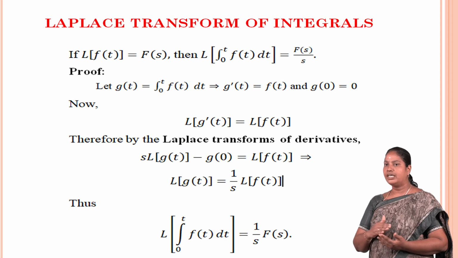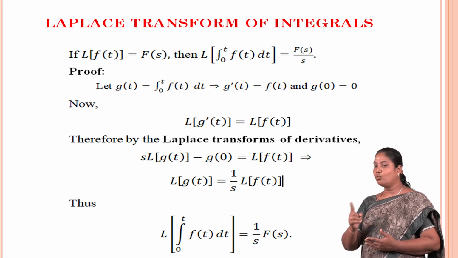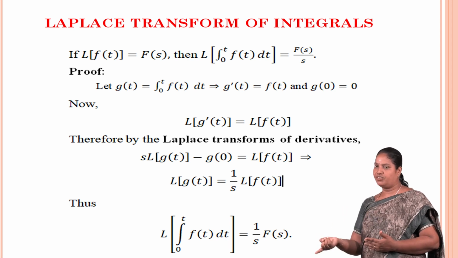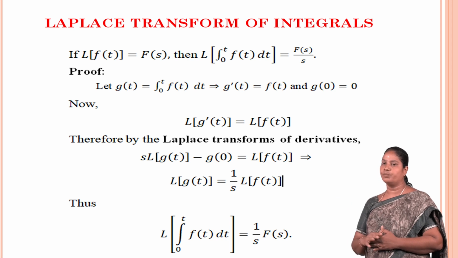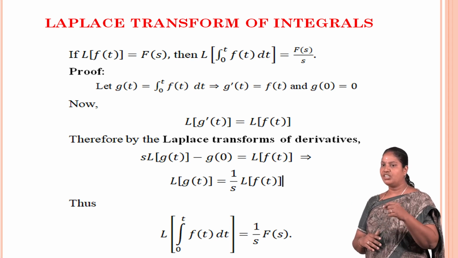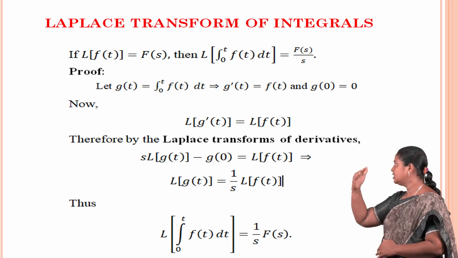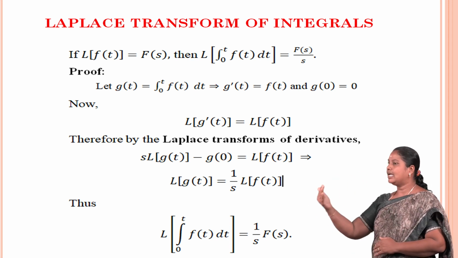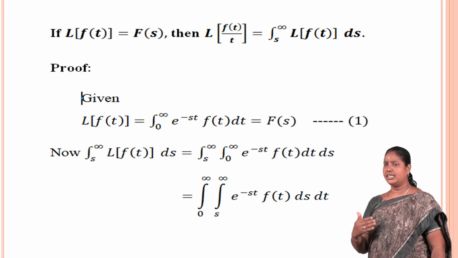So s times L of g(t) is L of f(t). So L of g(t) is nothing but 1 by s times L of f(t). We are taking the s to the other side, because here s should be greater than 0. Now if we replace g(t) by that integral, we get the answer. That is, the Laplace transform of integral 0 to t f(t) dt is nothing but capital F(s) by s. Now we will go to the next property.